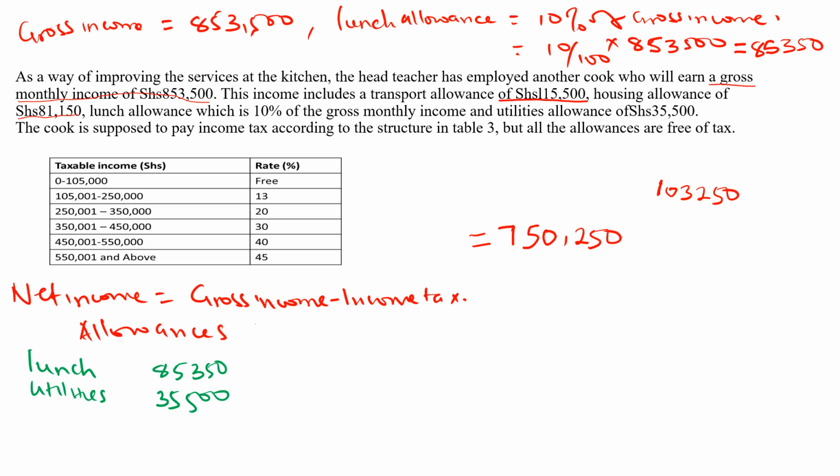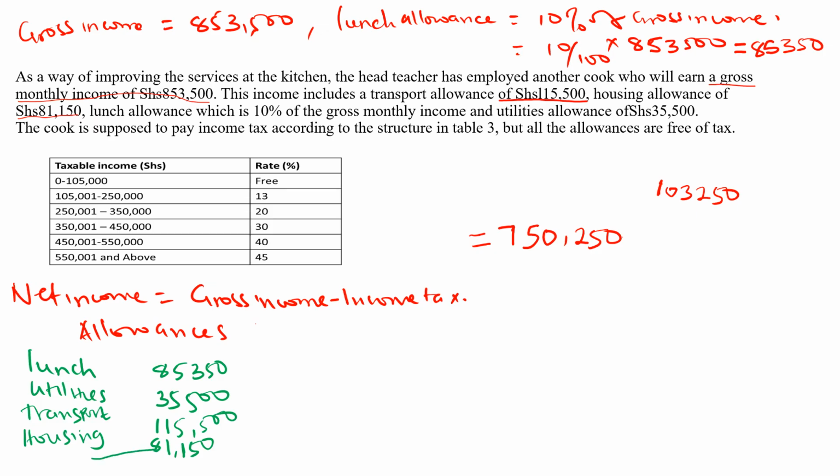And then I have transport, 115,500. And then I have also housing, and the housing allowance is 81,150.